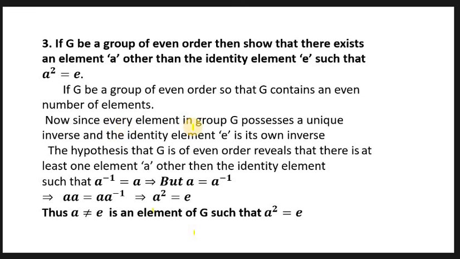Since every element of this group possesses a unique inverse and the identity element E is its own inverse, by the hypothesis that G is of even order, there is at least one element A other than the identity element such that A inverse is equal to A. This implies that A into A is equal to AA inverse, which is E. Thus, A is not equal to E, an element of G such that A square is equal to E.